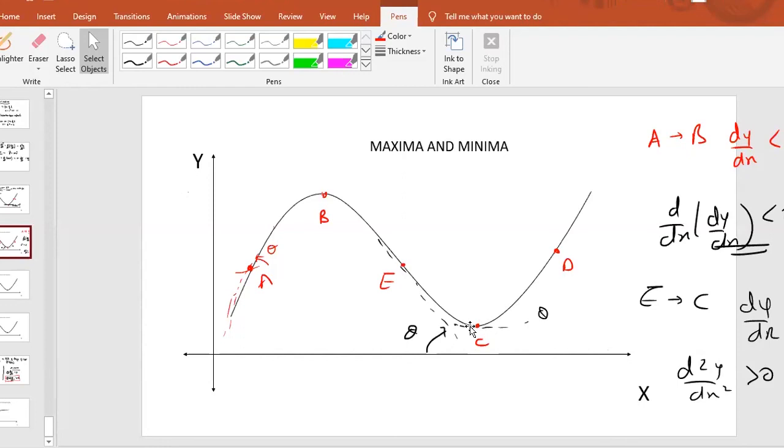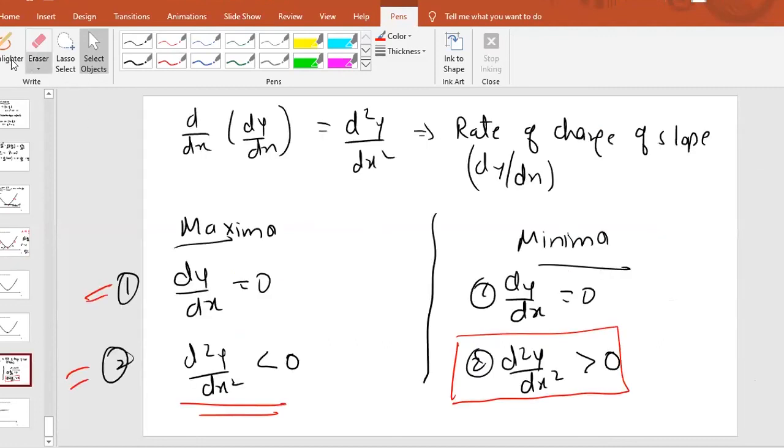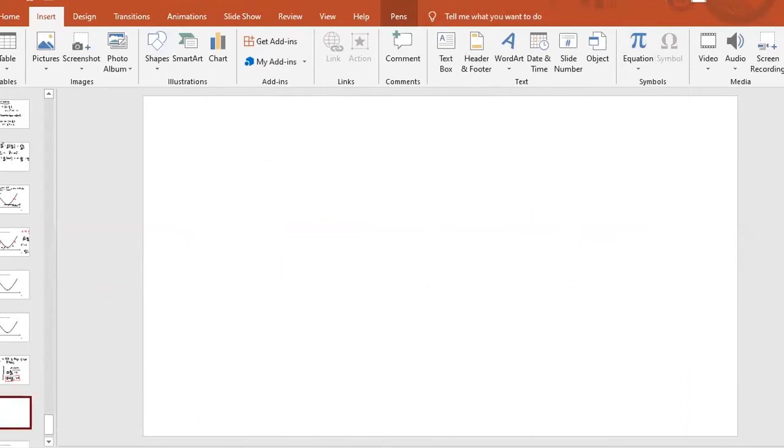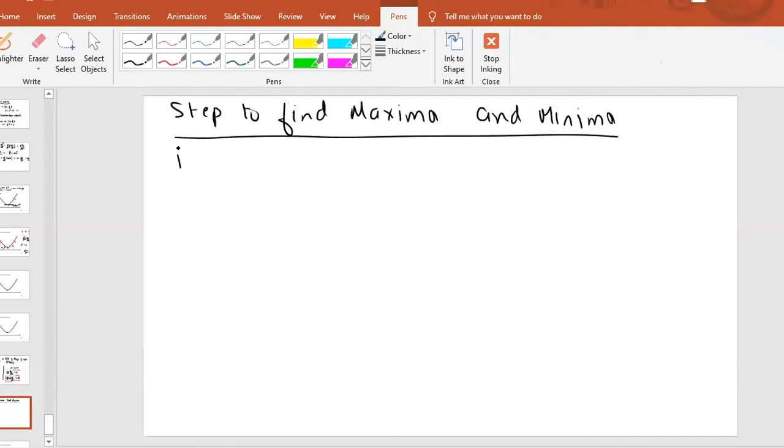Okay, so write down some steps to find maxima and minima. The first step is to find dy by dx.